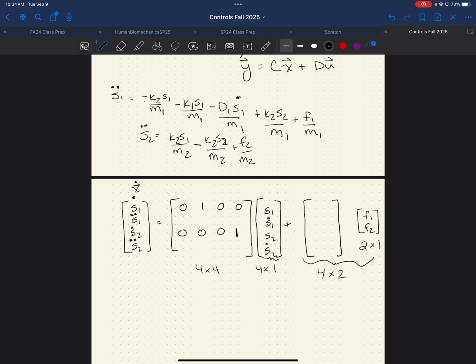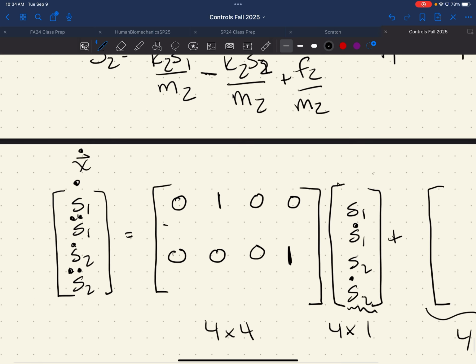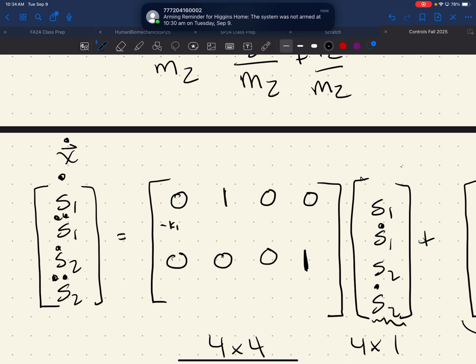All right. Okay, S1 double dot, we need to use our equation of motion. And these two terms both multiply S1. So I'm actually going to pull these into one term, K2 minus K1 over M1, all times S1. So might have to write a little bit tiny here. Minus K1 minus K2 over M1.